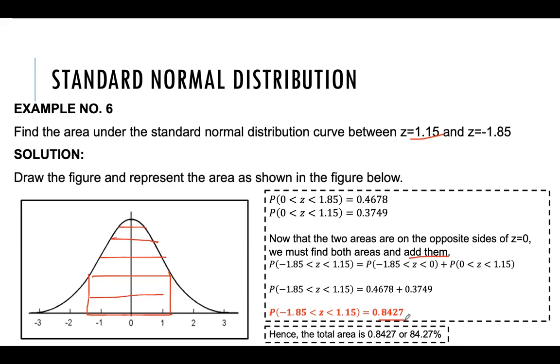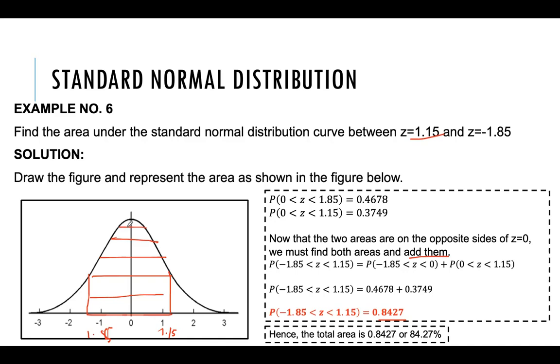Therefore, we can conclude that yung total area between the two given z values of negative 1.85 and 1.15 is 84.27%.